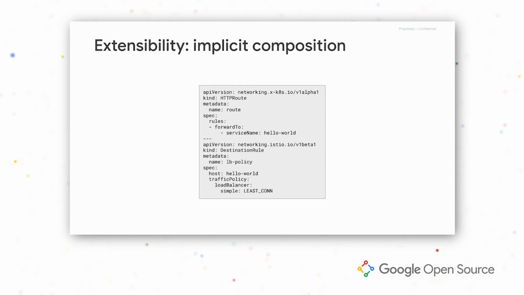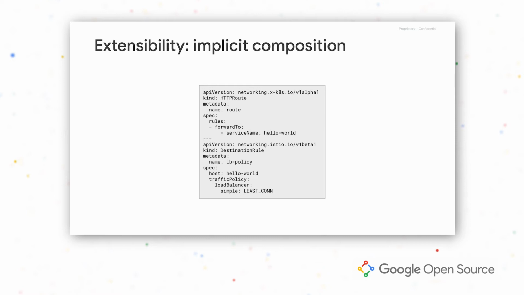There's no explicit linking between these two resources, but Istio is able to figure out that the hello world in the destination rule and the hello world in the HTTP route mean the same thing. So when traffic goes through this route, I'll apply this load balancing policy, and we'll get the end result that we expect.